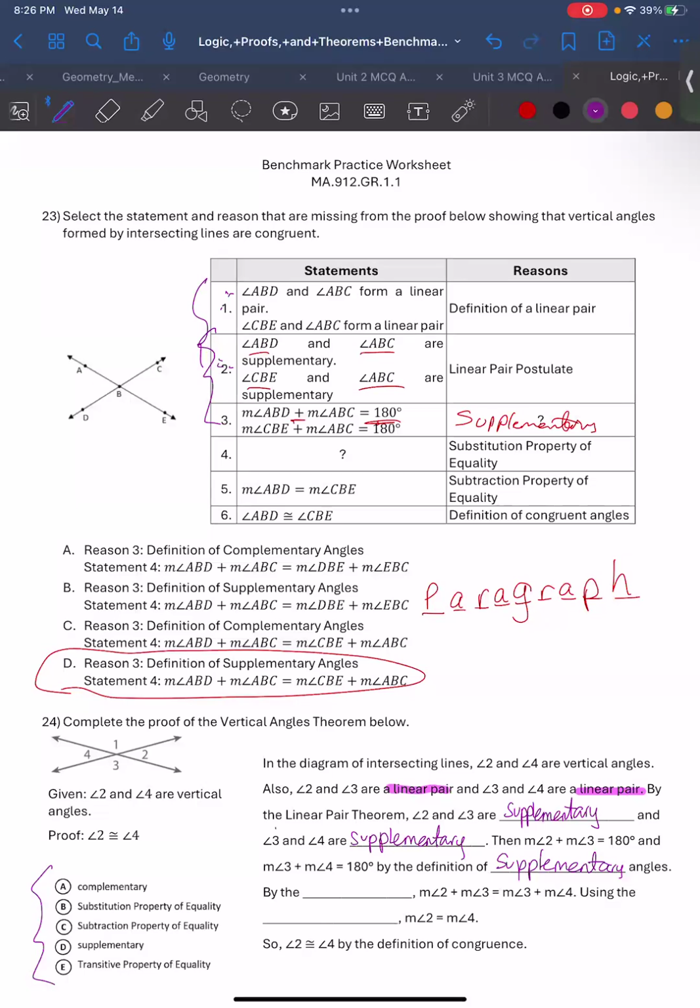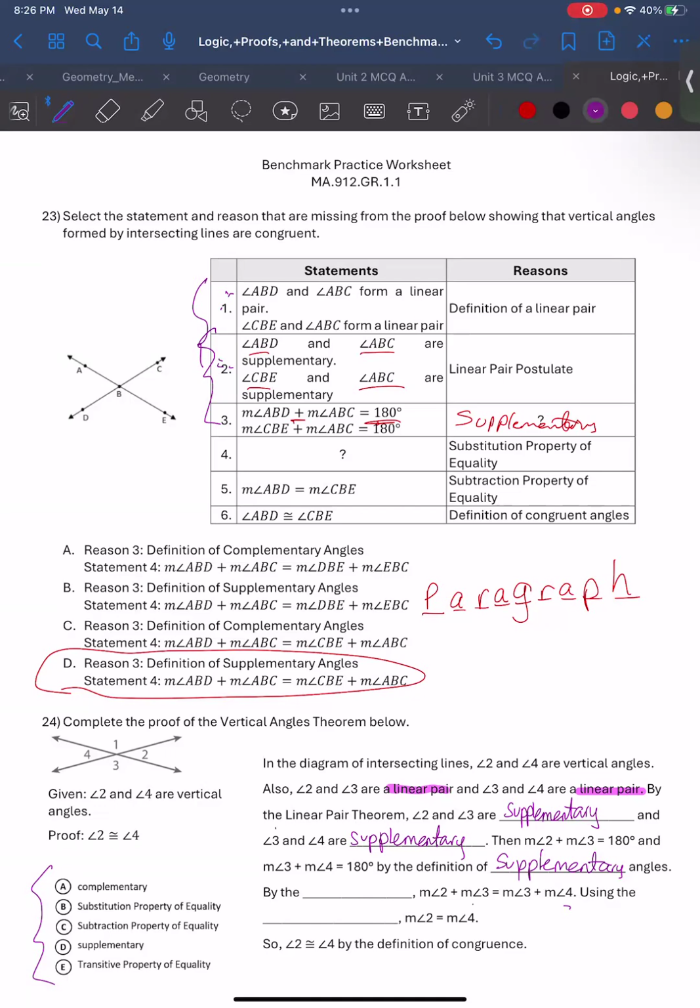So then, by the blank, the measure of angle 2 plus the measure of angle 3 is equal to the measure of angle 3 plus the measure of angle 4. So by which one? Subtraction property of equality? Or substitution?